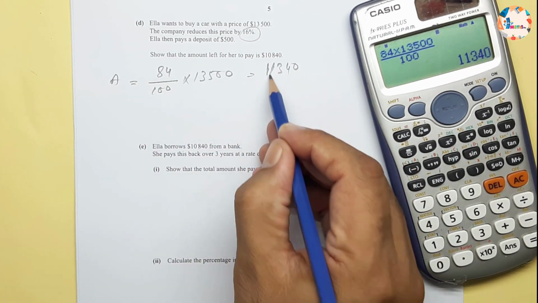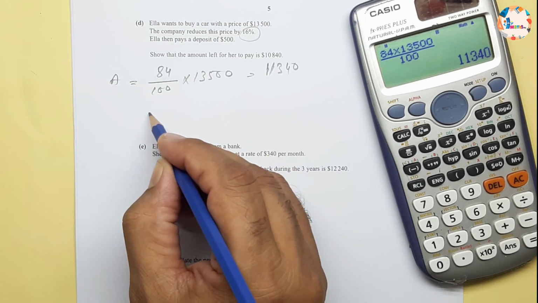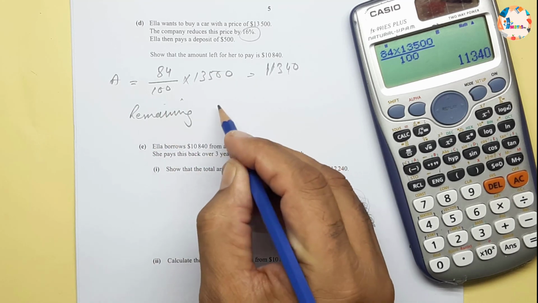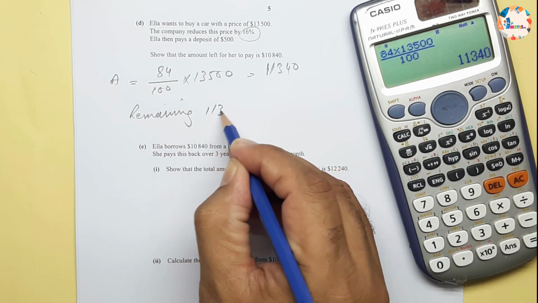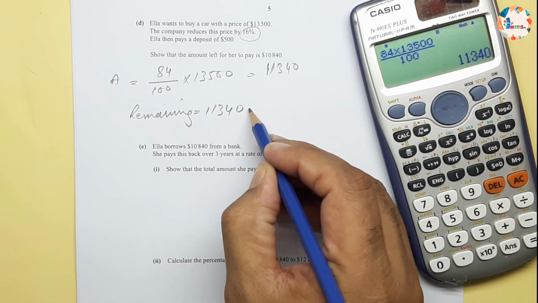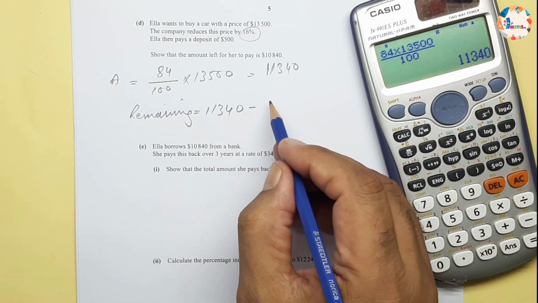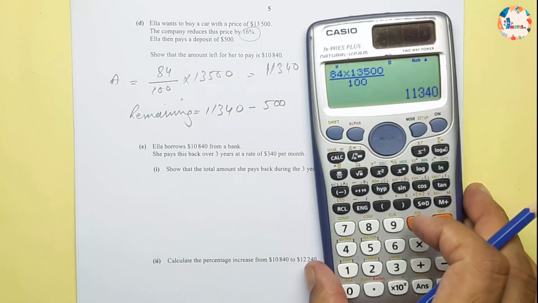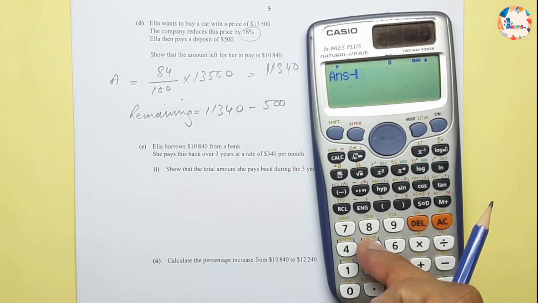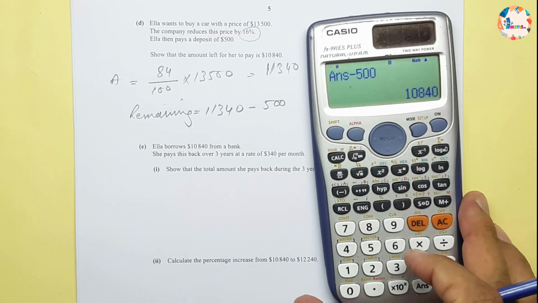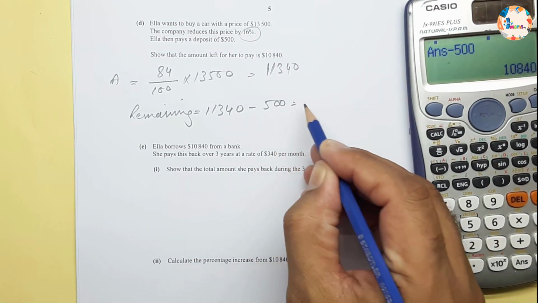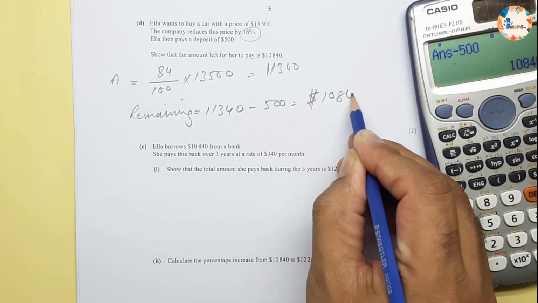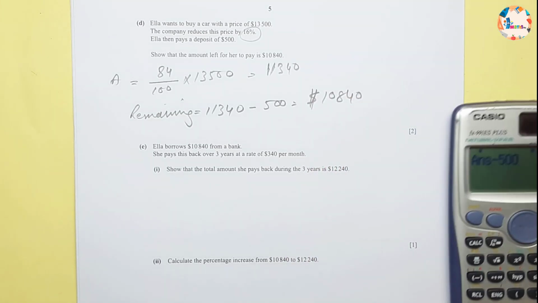Then out of this one she has already paid, so the remaining will be 13440 minus 500, which she has already paid. So this amount minus 500 will be equal to 10840. So this is equal to $10840. So this is proved.